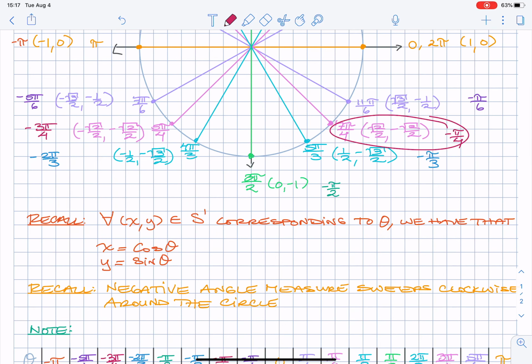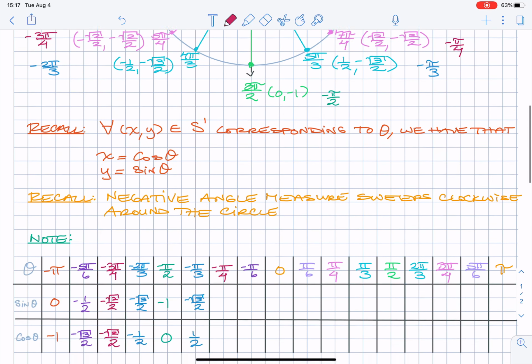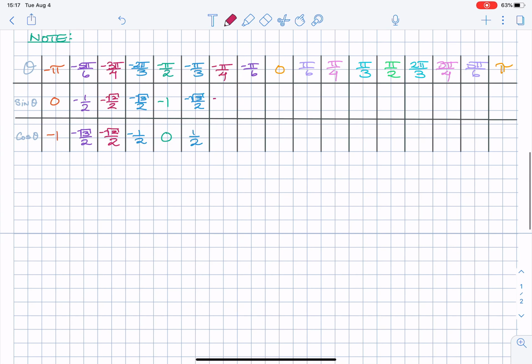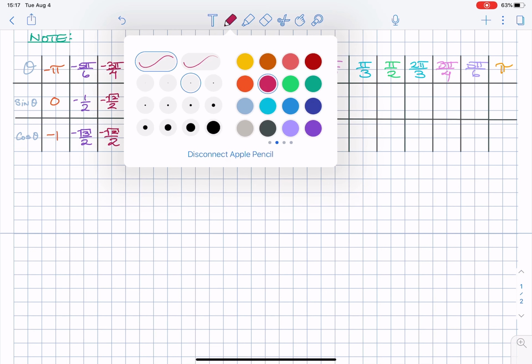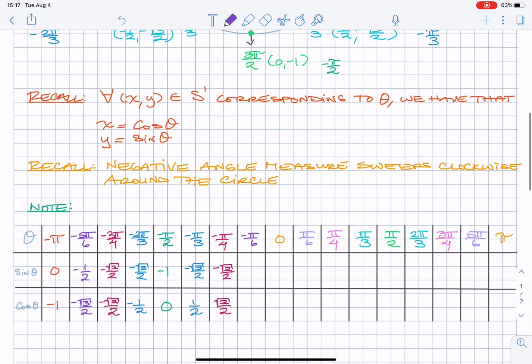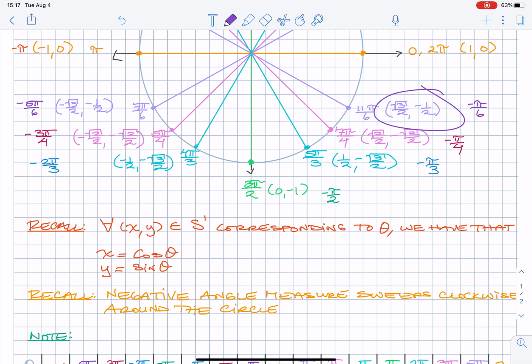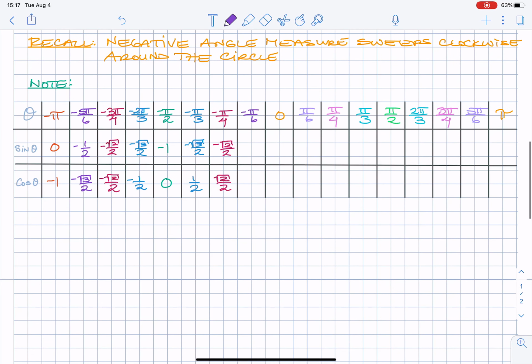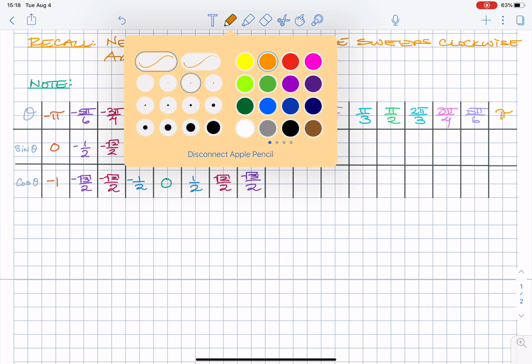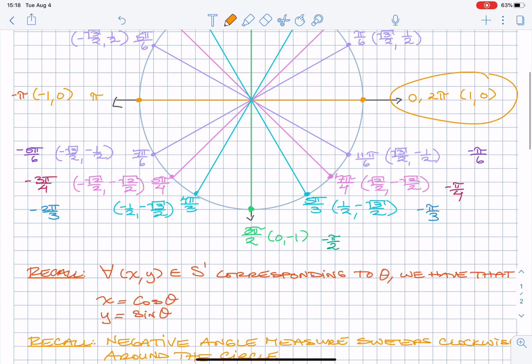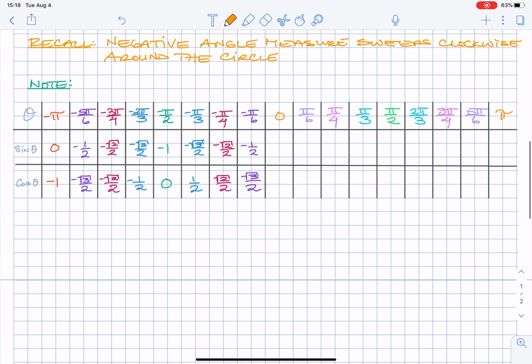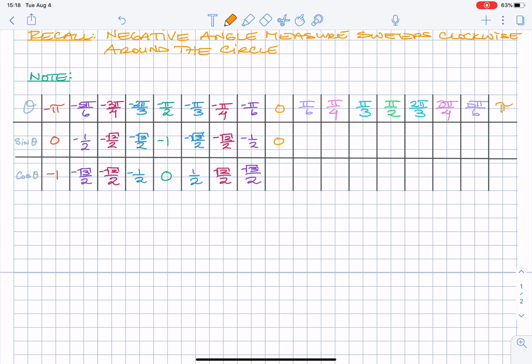Then at -pi over 4, we have -√2 over 2 for the y and +√2 over 2 for the x. At -pi over 6, we have -1/2 for the y, but +√3 over 2 for the x. Now finally at 0 or 2 pi radians, we have 0 for the y and 1 for the x.